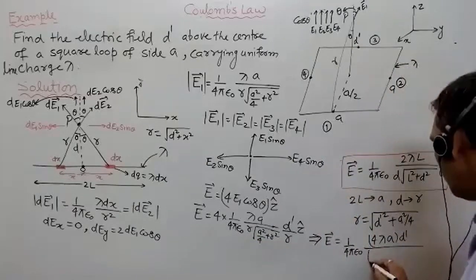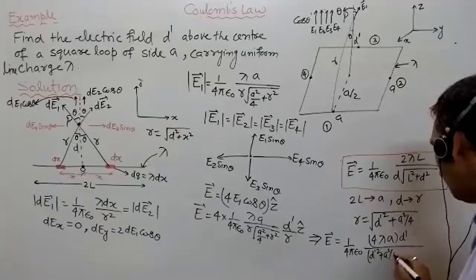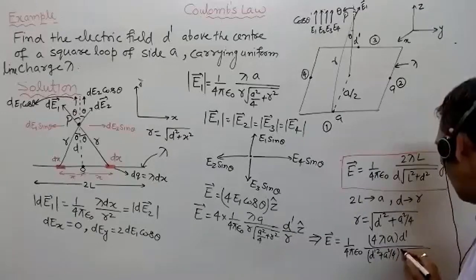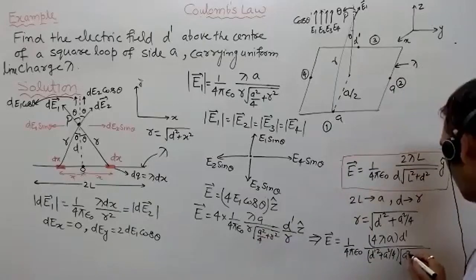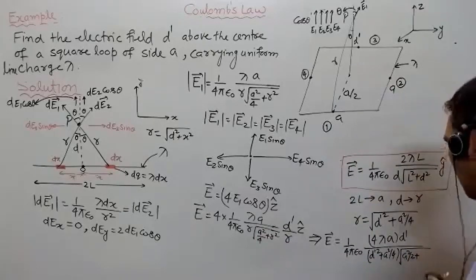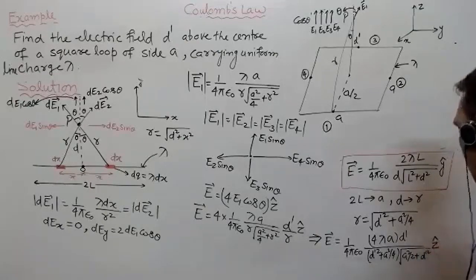So r square will give you d dash square plus a square by 4, under root, and this will give you a square by 2 plus d dash square, and direction is Z.